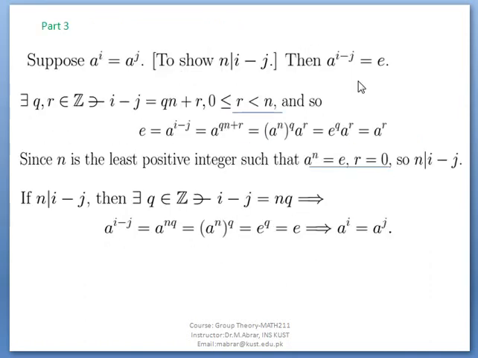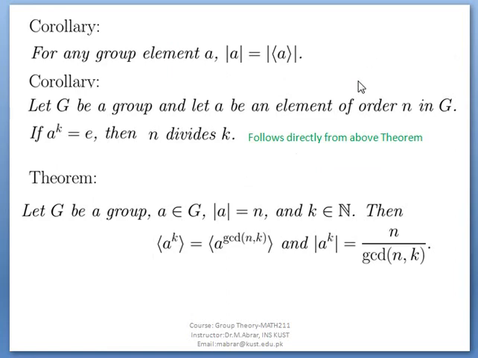Quite simple. And there's another corollary that directly follows from the above theorem, because if A^k is e, and we can simply write A^k is e and A raised to 0 is also e, then it means n divides k.